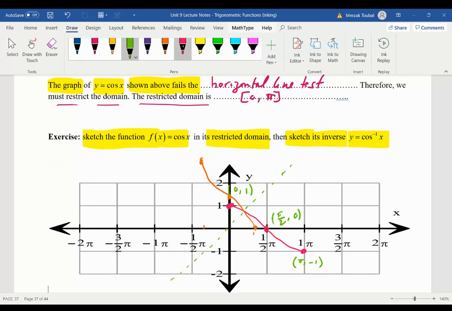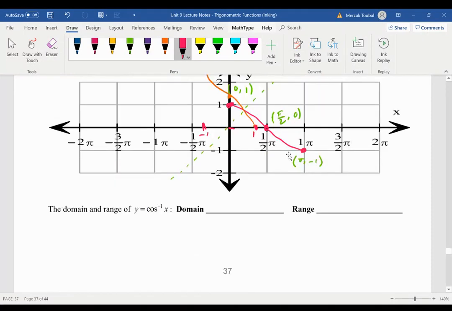The domain goes from this point to this point, which is -1 to 1. And the range goes from 0 to pi.